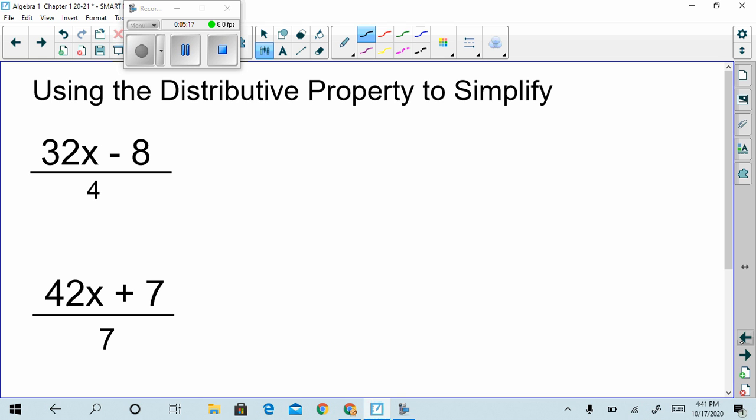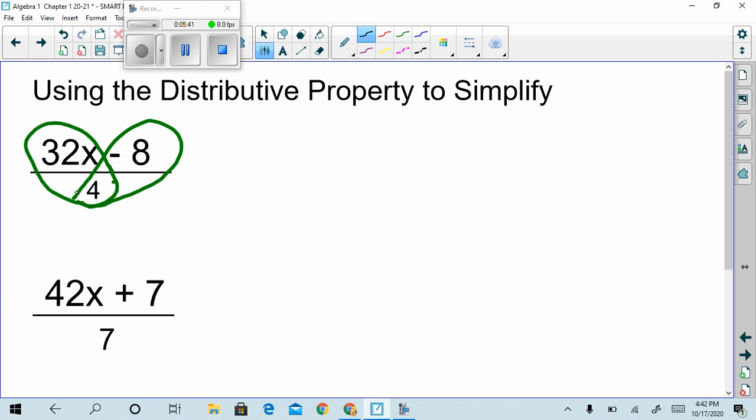Now let's just take a look at something slightly different. This is now an expression divided by a constant. I can look at this two ways. It's actually like a distributive property. I'm going to be dividing both terms on top by this divisor.